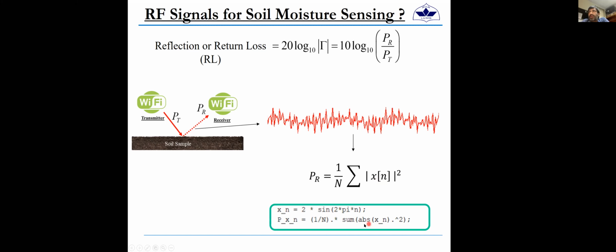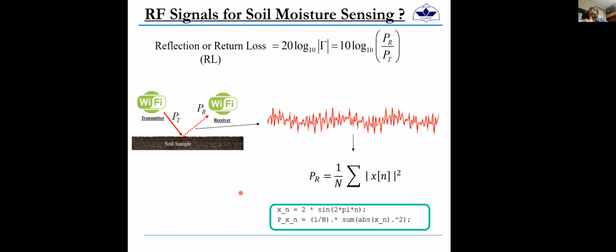So first you take its absolute value, then square it, then sum all of them, and then you divide by 1 over capital N. So capital N is total number of samples, for example, 100, 1,000, or 2,000, whatever total number is. So using only this single line, we are able to measure the power of reflected signal.